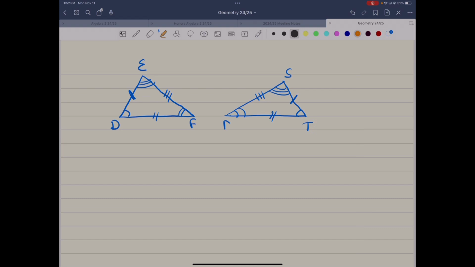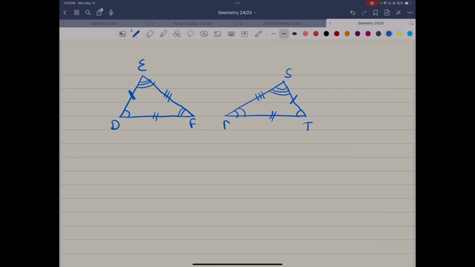So I have these two triangles. I have triangle DEF, and I have triangle RST. I'm just going to ask a couple questions from this.